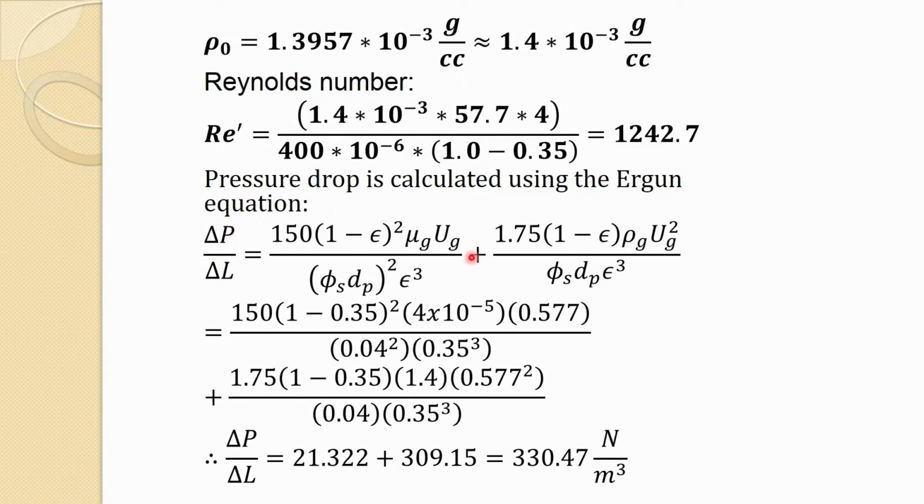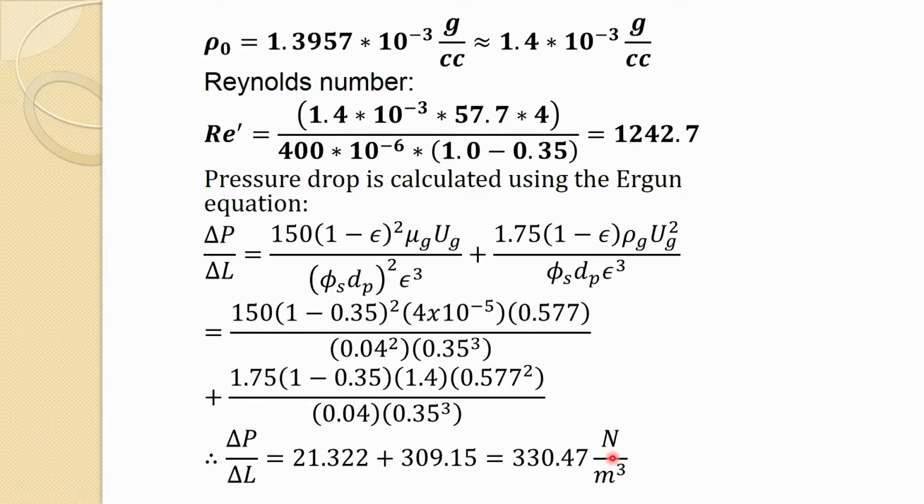So, you can see the little difference in this, and then the particle size, void fraction, this is for this part, and for this part similarly it can be given in this form. So, delta P over delta L, once you solve, is 21.33309, it comes to 330.47 Newton per meter cube.